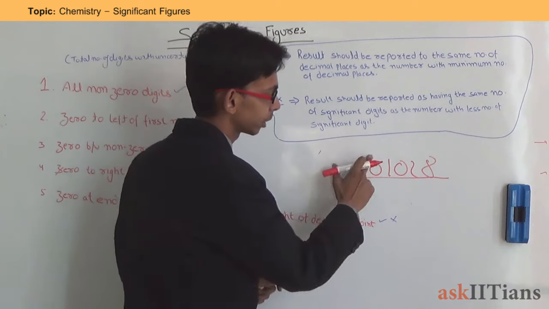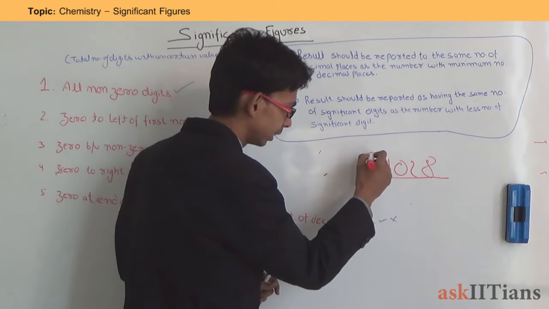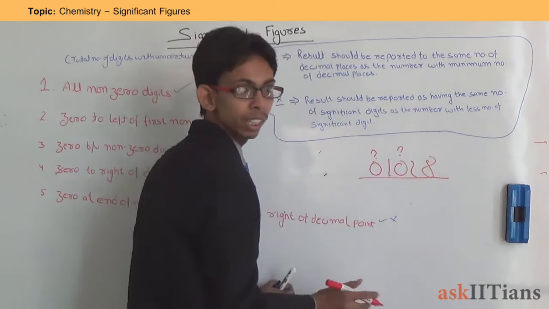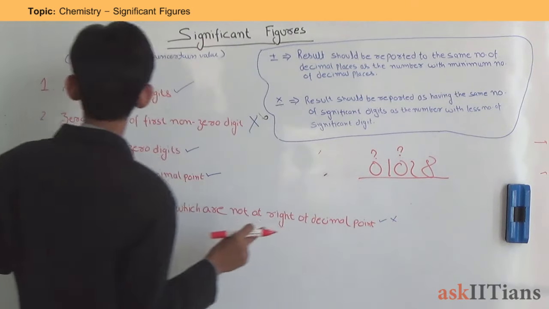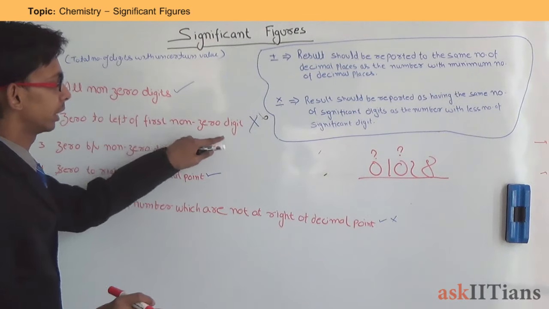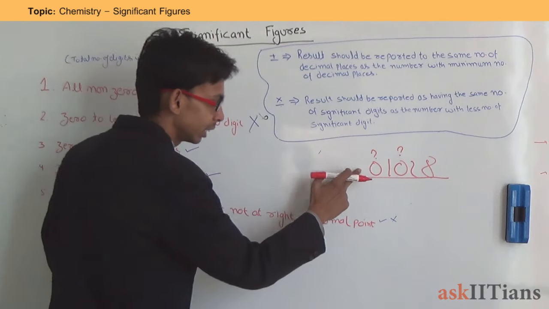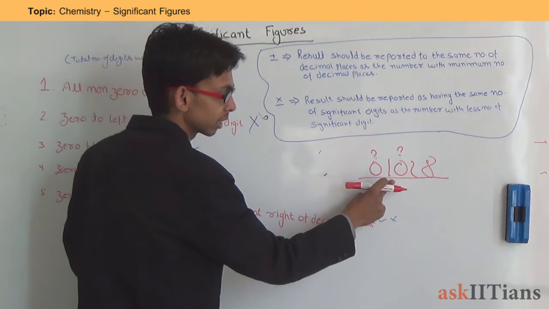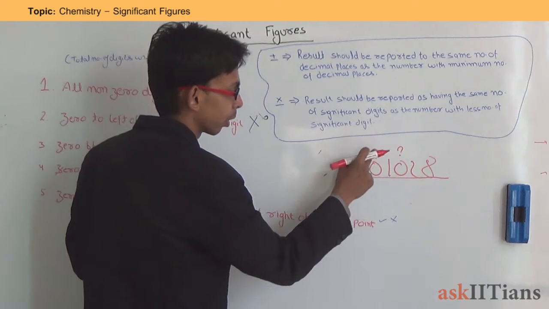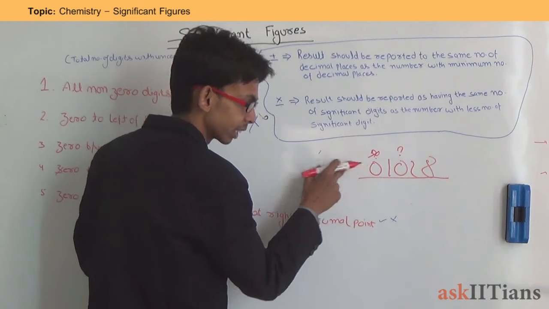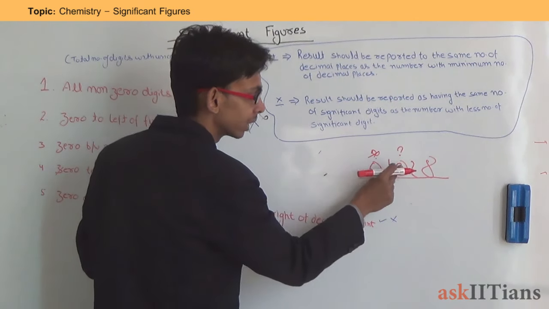Now the question is about these 0s. Is this significant and is this significant? According to the second point, a 0 to the left of the first non-zero digit is not significant. That means this 0, which precedes the first non-zero digit 1, will not be significant. Now the question is about the other 0.